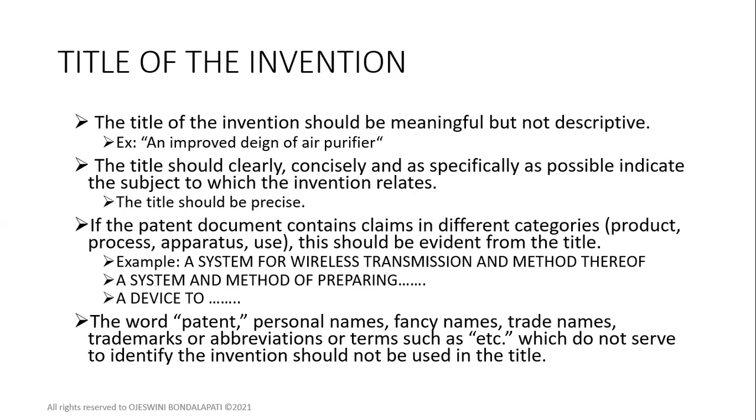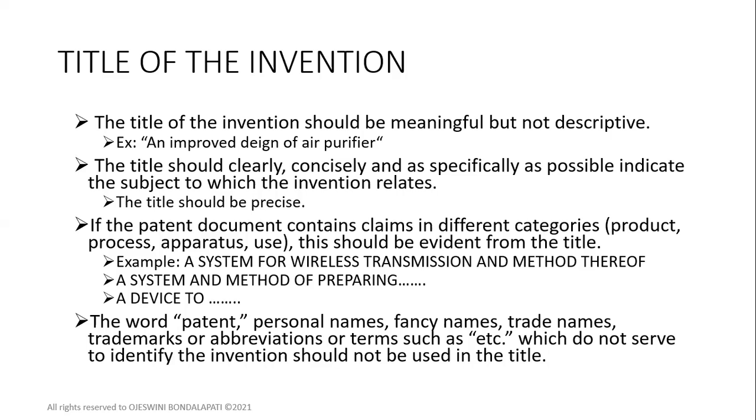So this is a general practice which we follow, and there is no particular thing explained in the act or the rules, but these are the rules which we follow: restricted to 15 words, and it should be precise. And if it is for the system and the method, you have to include both those words in the title. Using trademarks is also not allowed.